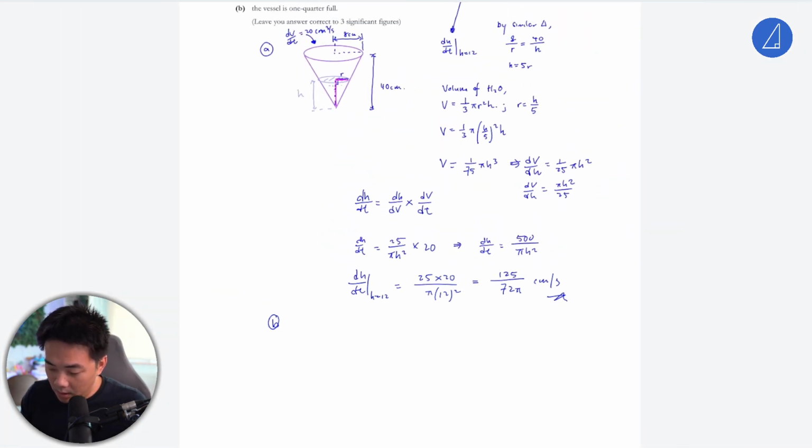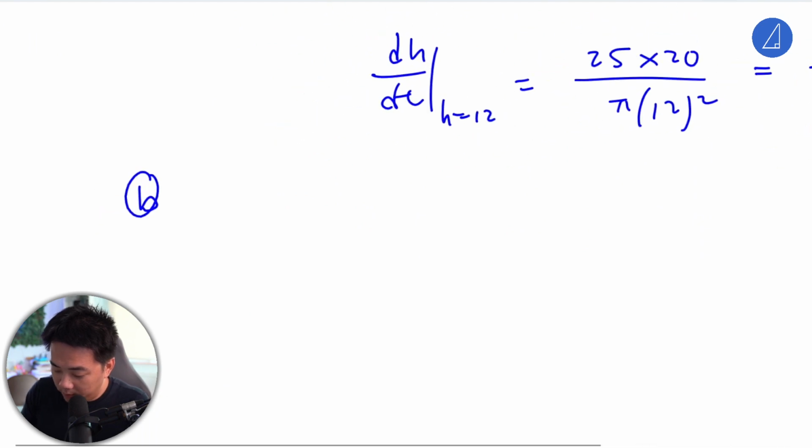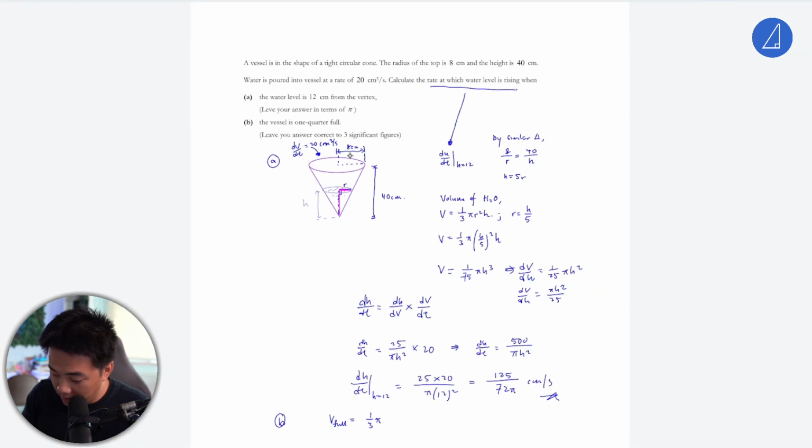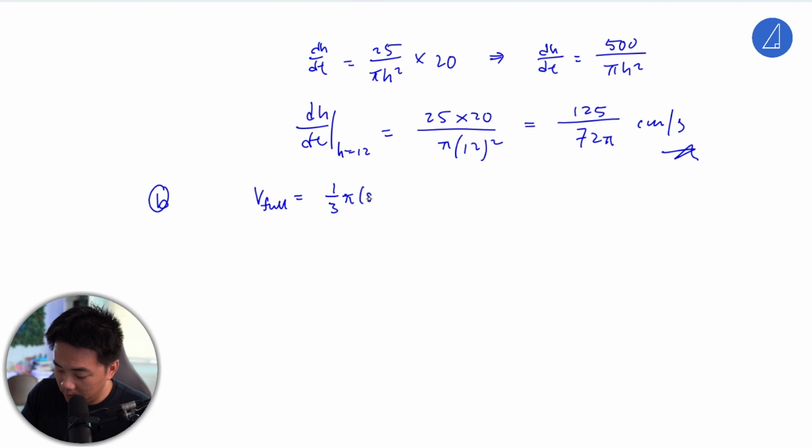So we need the vessel to be one quarter full. When full, V will be 1/3 base area times height, which is 1/3 pi 8 square times 40.